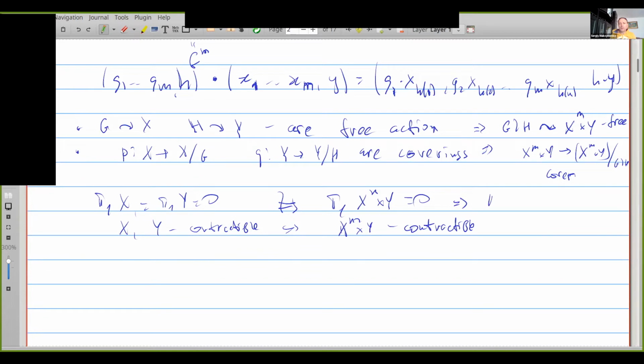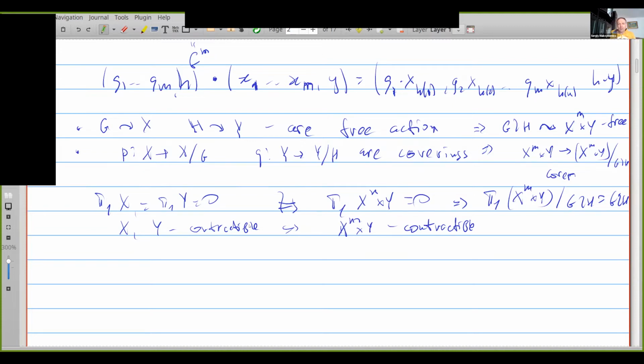This implies that the fundamental group of the quotient is isomorphic to the wreath product of G and H. If we have covering maps and X and Y are simply connected, then this space is also simply connected, and this is a covering map, and therefore a universal covering map. Since it is universal, the fundamental group of this quotient is isomorphic to the group which acts on this space.